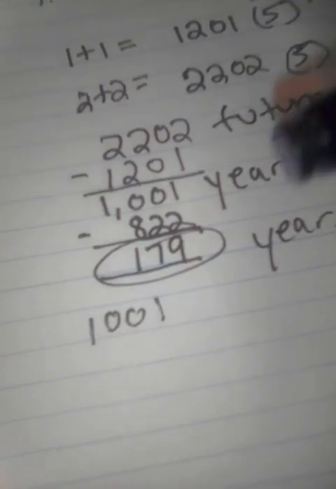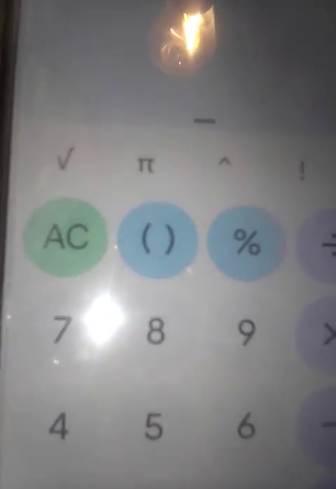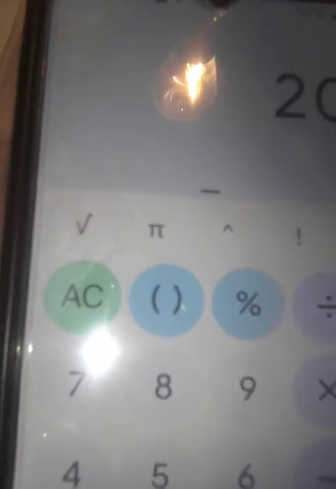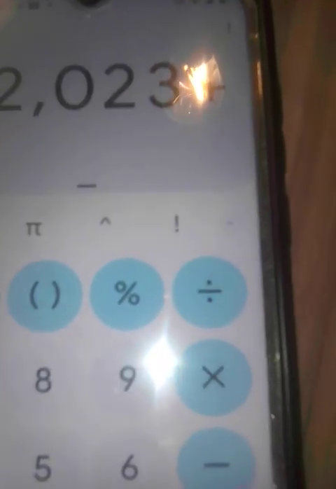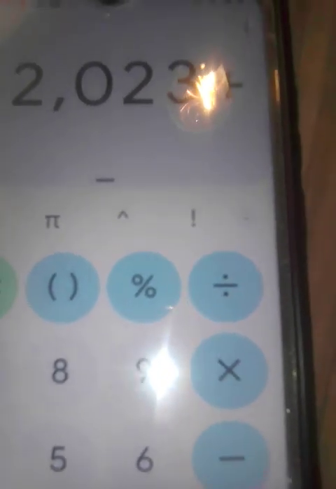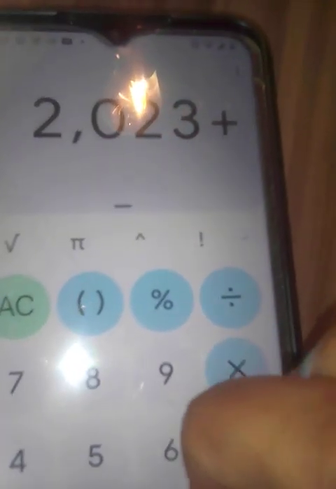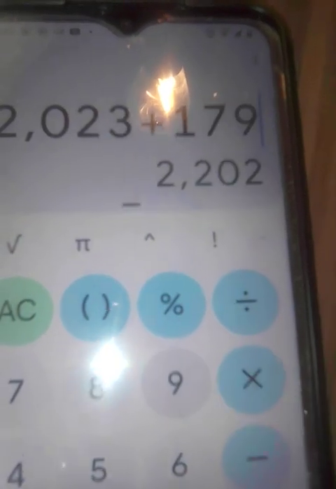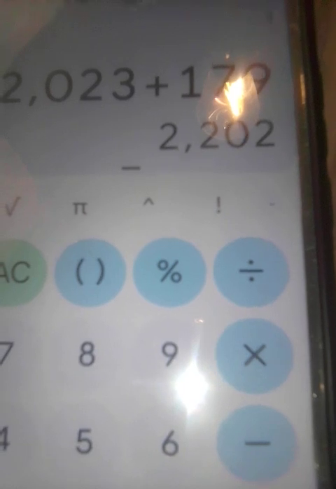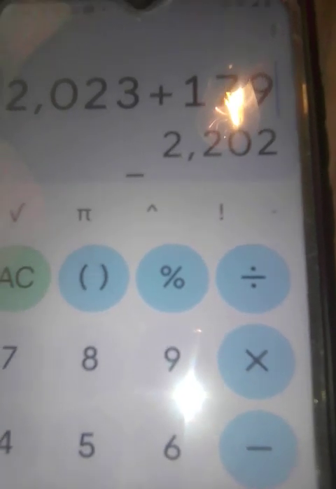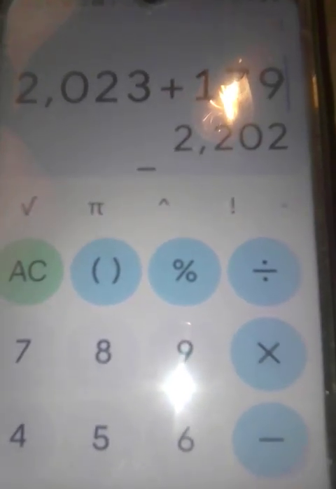I hope this makes sense to y'all. Take our current year and add how many years we need before we can reach 1,001 years, and that's 179 years. Wow, ain't that something? Before we can reach 1,001 years, we need 179 more years.